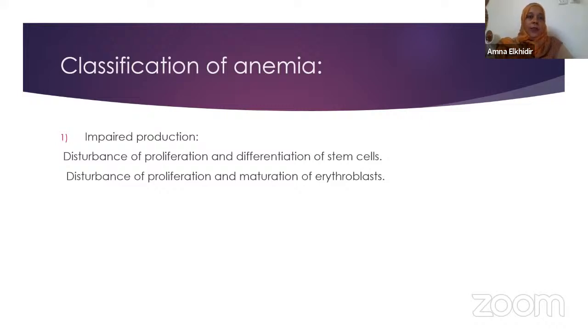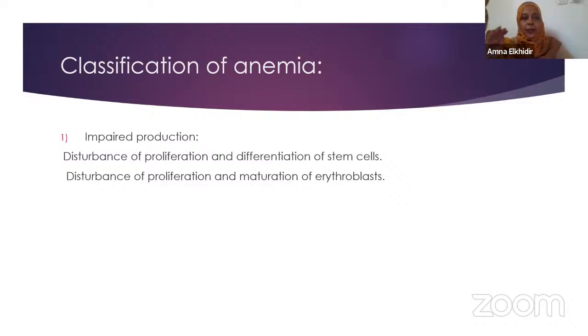Anemia is classified according to its cause into 3 categories. The first one is impaired production, the second one is increased degradation, and the third one is due to blood loss. I'm going to talk a little bit about the first class of anemia, which is impaired production.